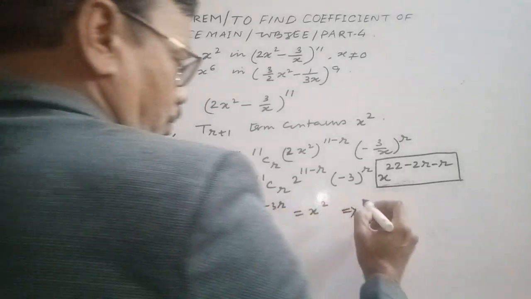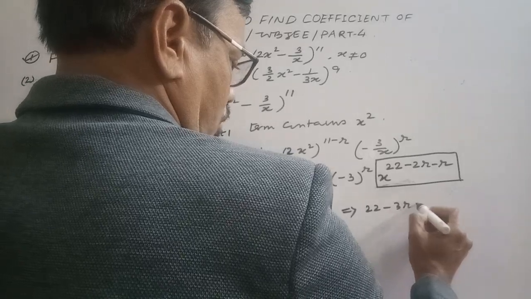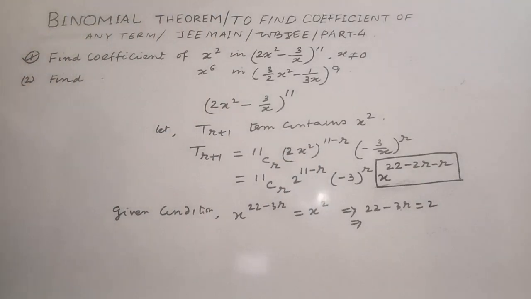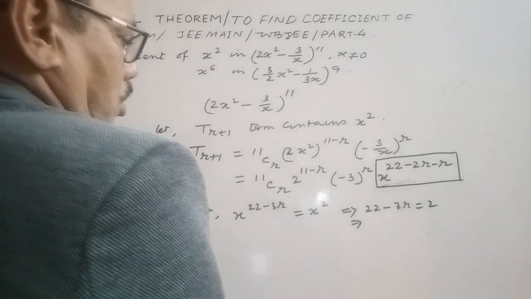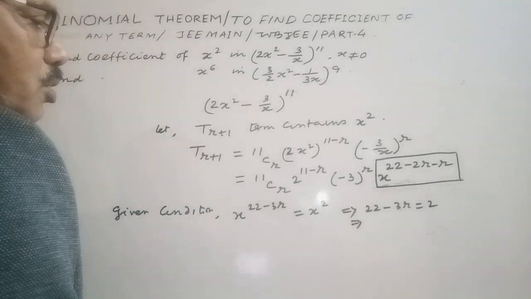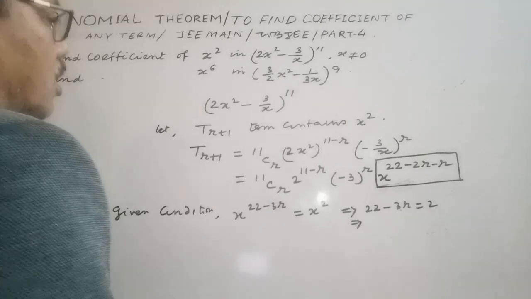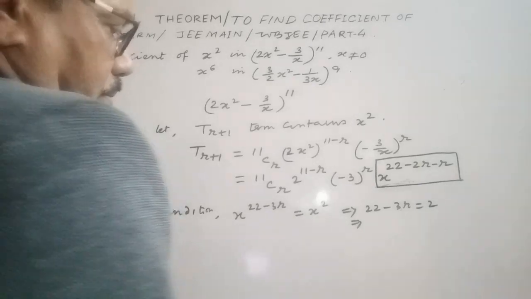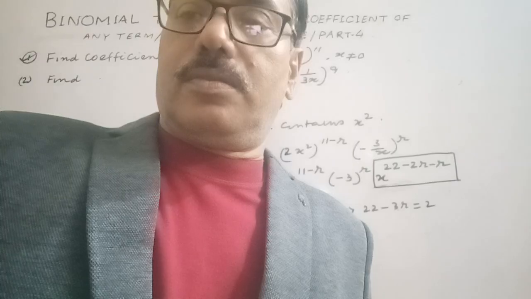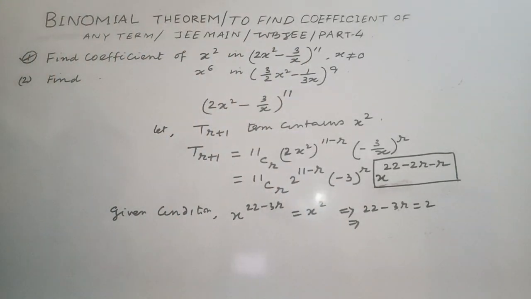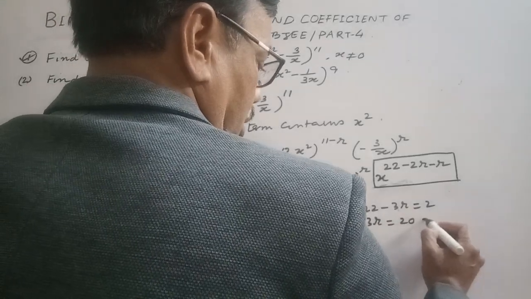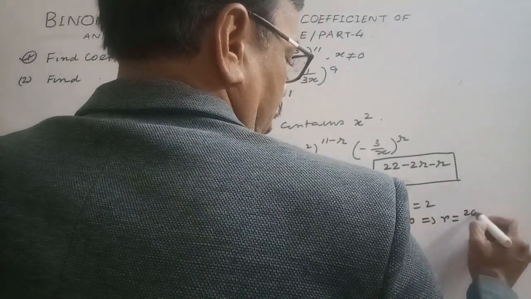So, bases are same, 22 minus 3r equals 2. So, we are getting 3r equals 20. So, r equals 20 by 3.